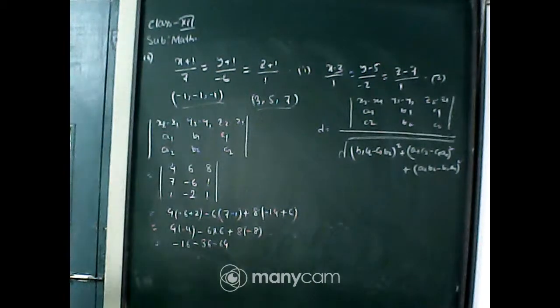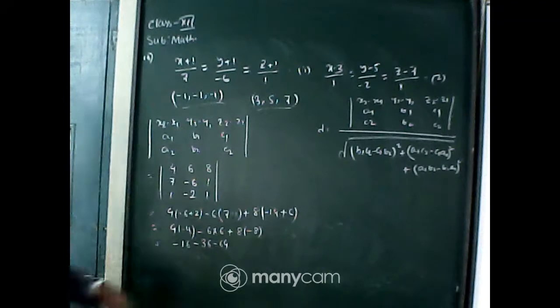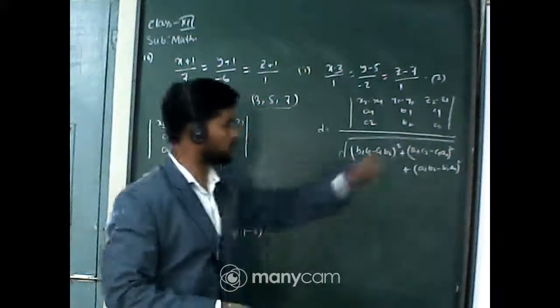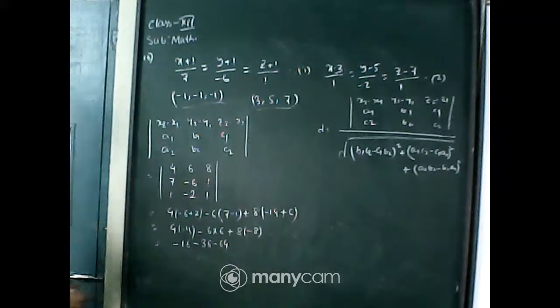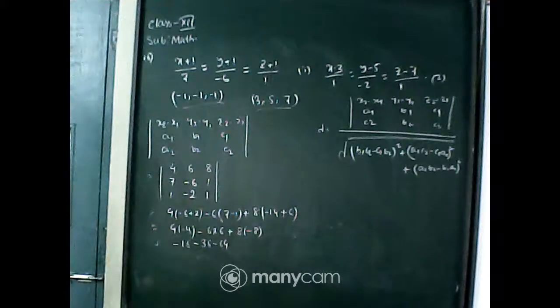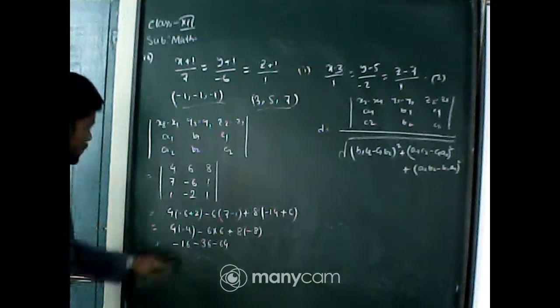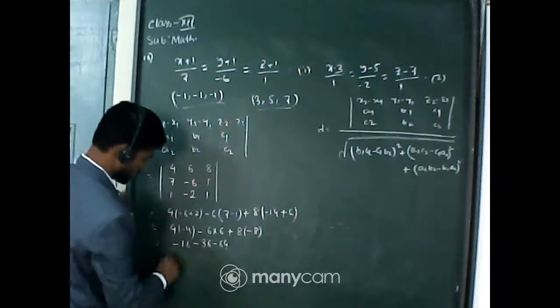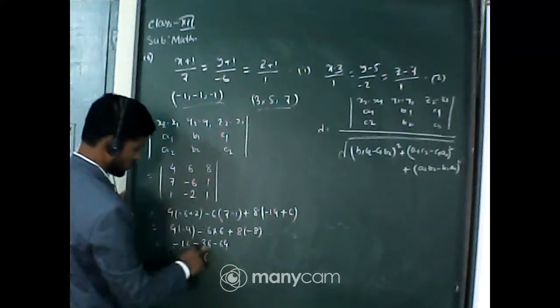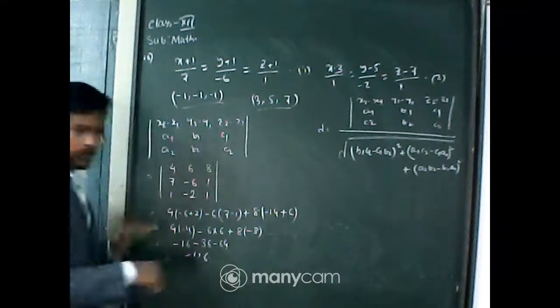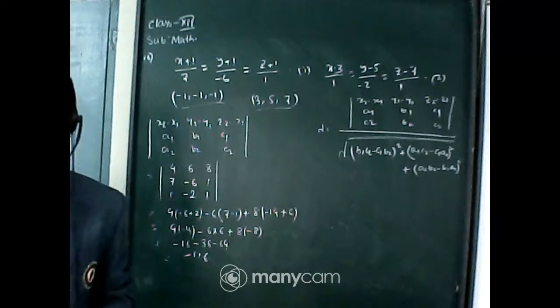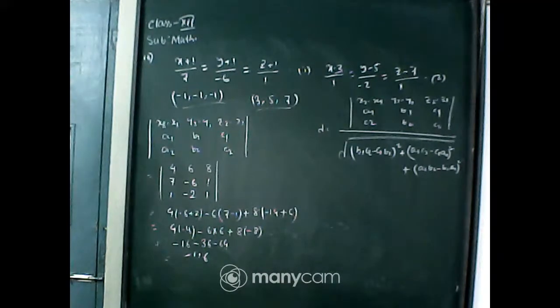Now calculate the square root part, starting with (b1c2 - c1b2) squared. The result of the determinant, I think, is minus 116.